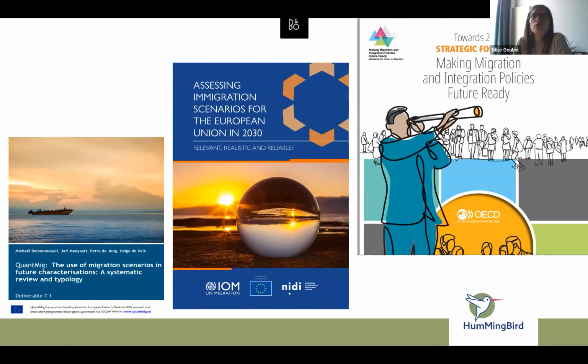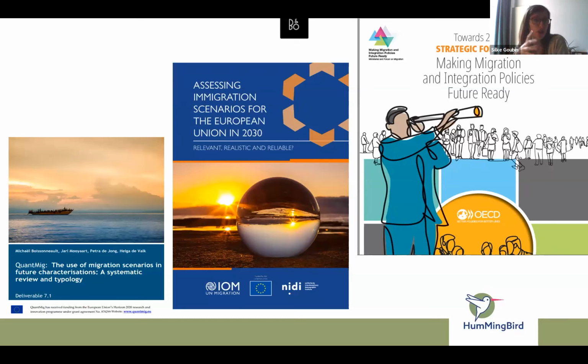Just maybe also as a historical point of view, the use of scenarios is a relatively recent development. If you look at all the scenarios that have been developed in migration research, you only see that in the last 10 years, in the last decade or so, scenarios have become an important tool to predict migration or to think about migration.